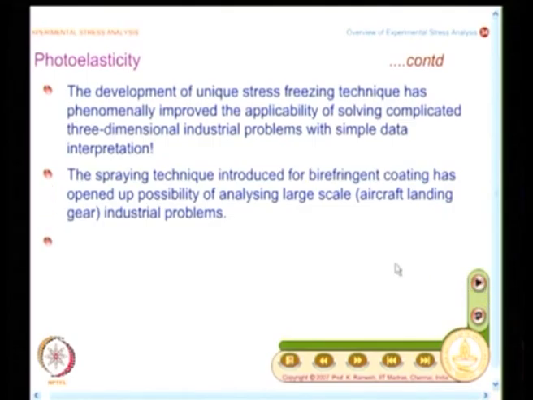On the reflection photoelasticity side, people have also developed a spraying technique to put the birefringent coating on large industrial components. One of the components that people do is the aircraft landing gear, which is very huge, and they still do structural optimization based on photoelastic analysis, and this model will typically cover a 2 to 3 story building height.